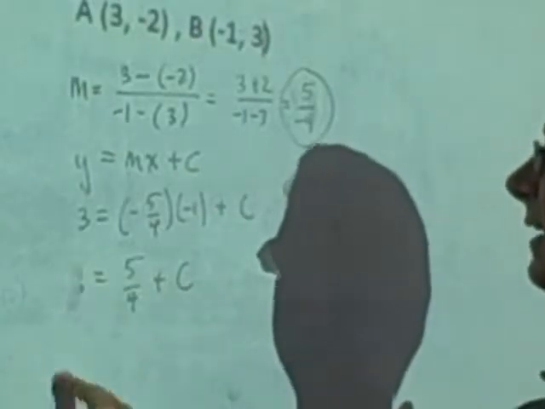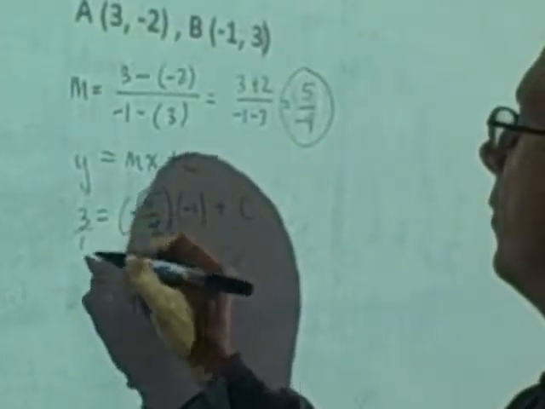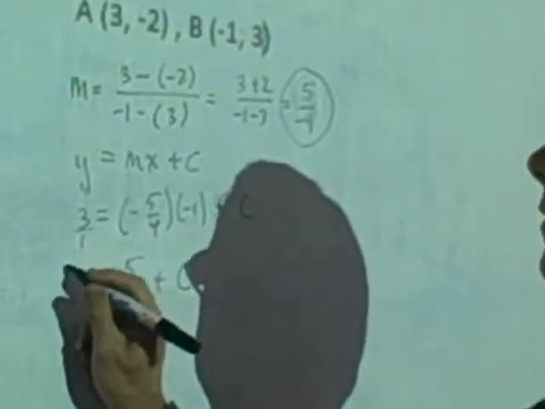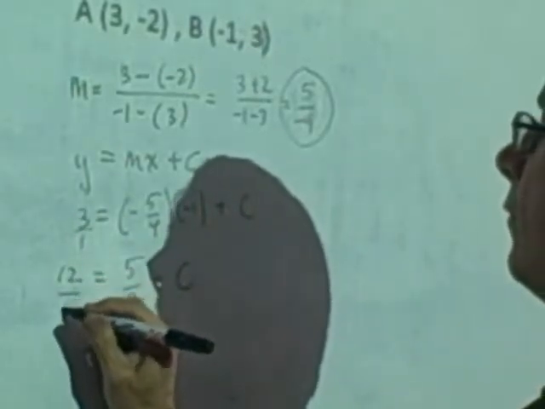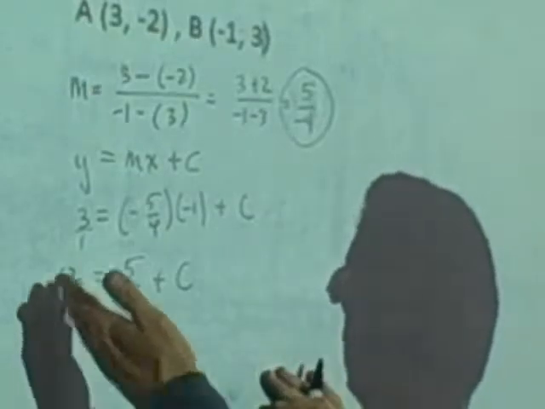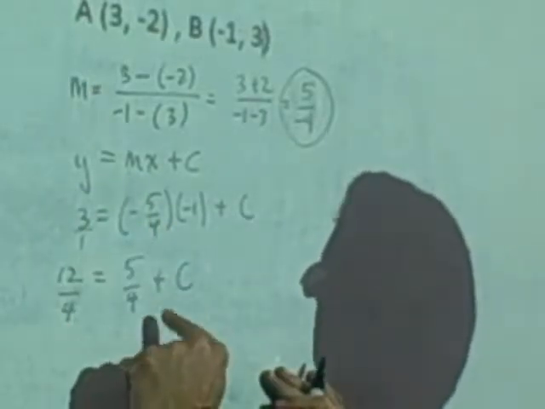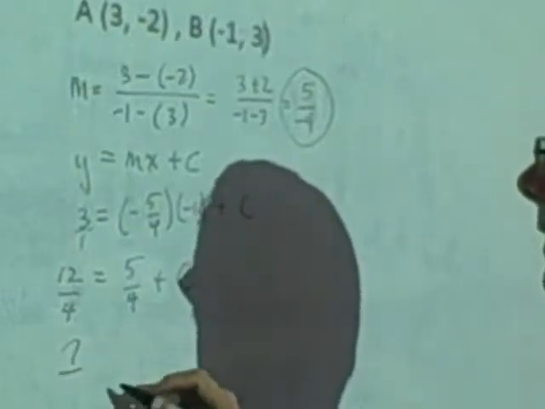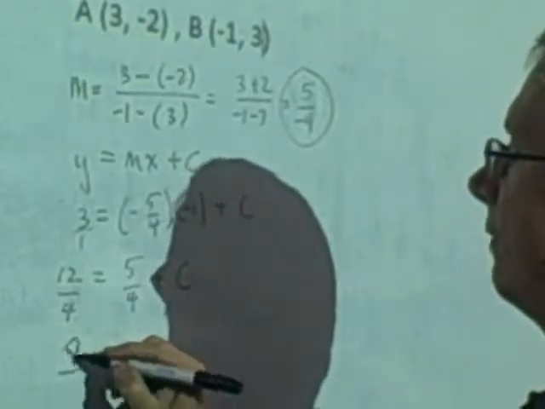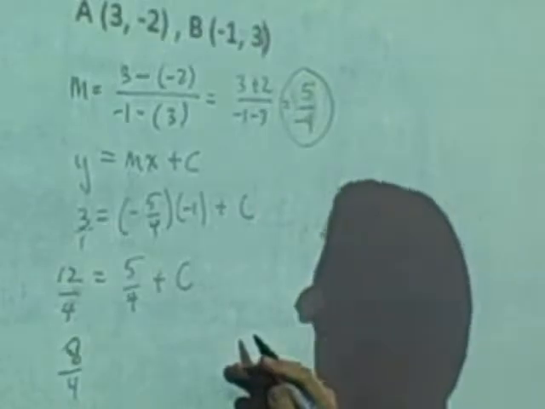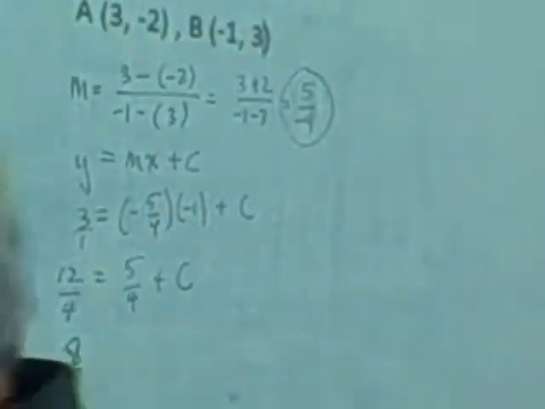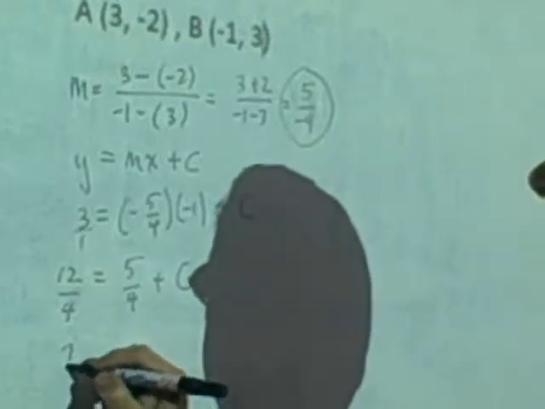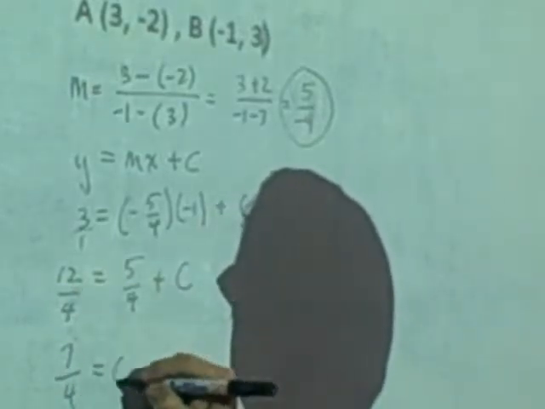Instead of 3/1, let's get a common denominator, so I'll multiply the top and bottom by 4. That's 12/4. 12/4 is 3, so now it's easy to subtract 5/4 from both sides. 12 minus 5, that'll be 7/4, and that'll be c.